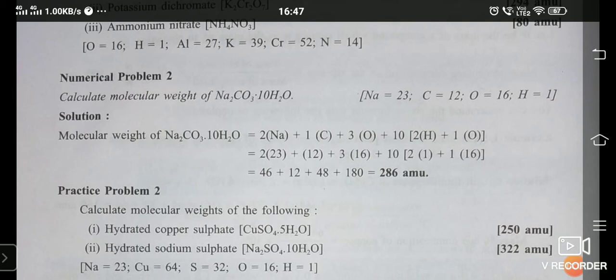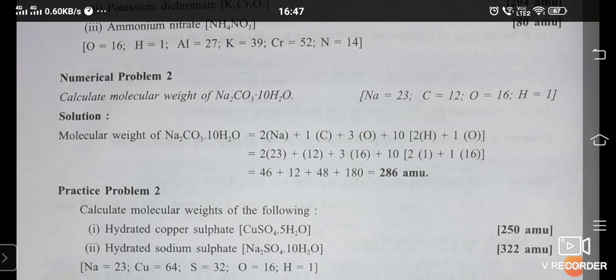You can write this as 1 into Cu plus 1 into S plus 4 into O plus 5 into 2 into H plus 1 into O. Substitute their values with atomic mass numbers. Atomic mass number of copper is 64, sulfur 32, oxygen 16, hydrogen 1, and again oxygen 16.